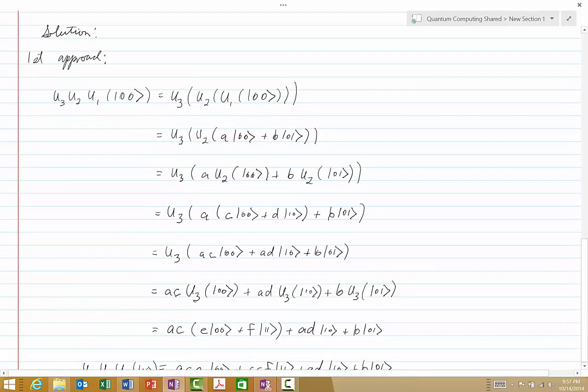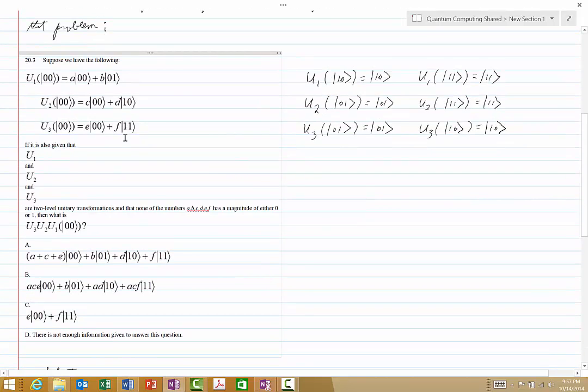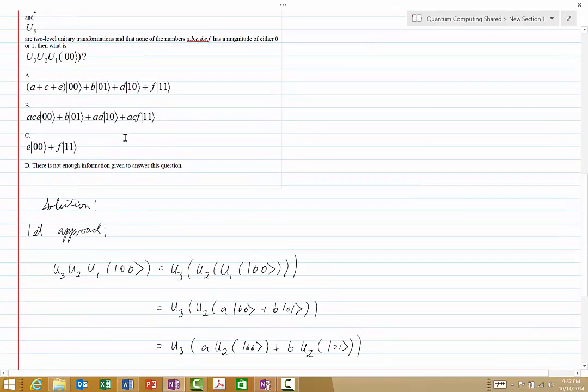And if you check, you will see that that matches the answer B, which has now been modified. Once again, on your test, some of these coefficients were incorrect, but now this is the correct answer. So this would be one way of solving problem 20.3.